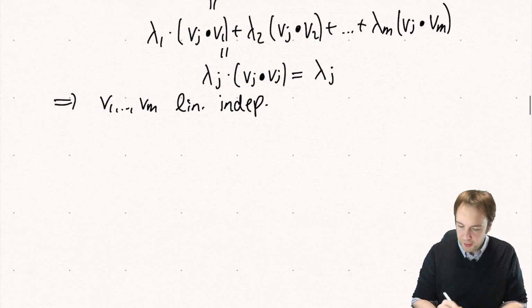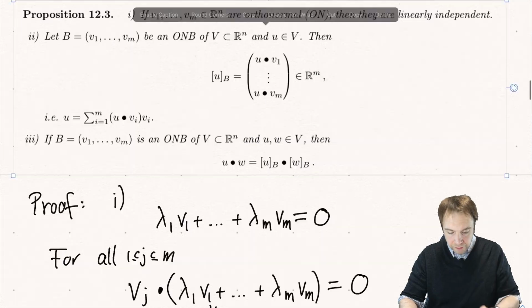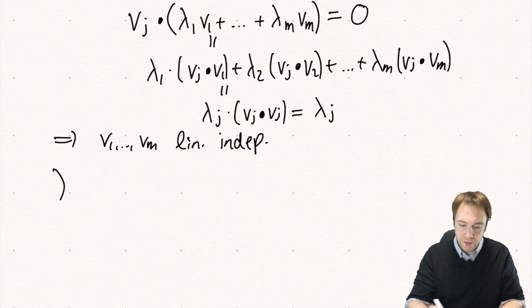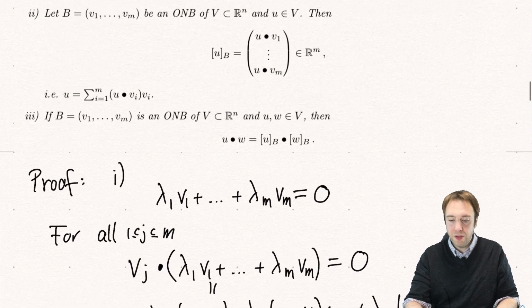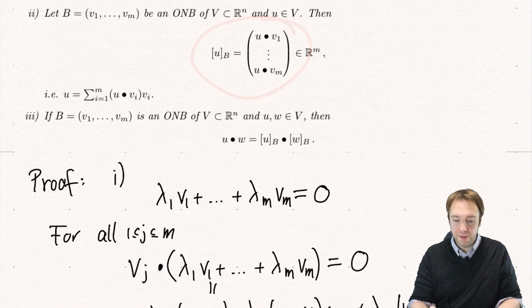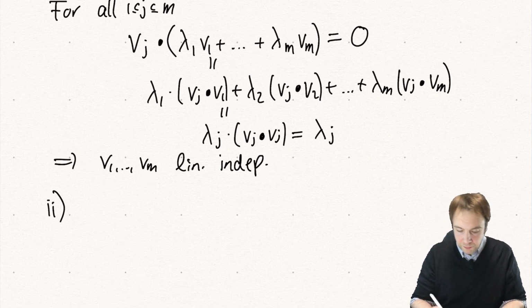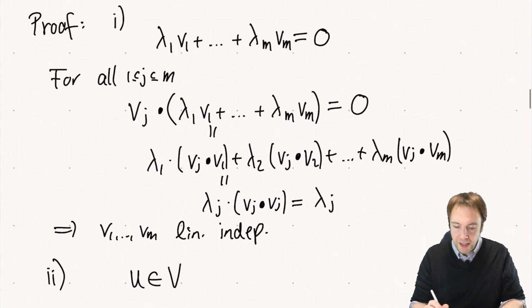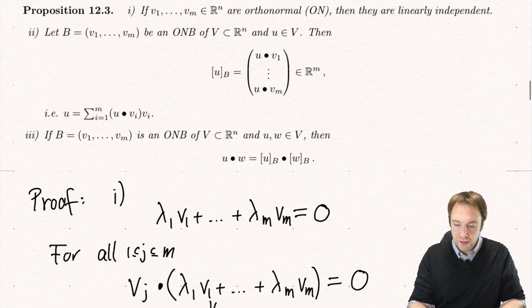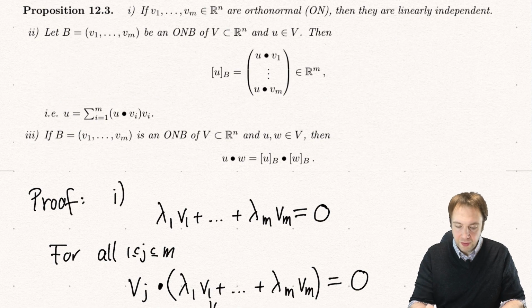Okay, and now the second statement. We want to show that the coordinate vector is given by this. So I have an element u in V, and we want to show that u can be written like this.